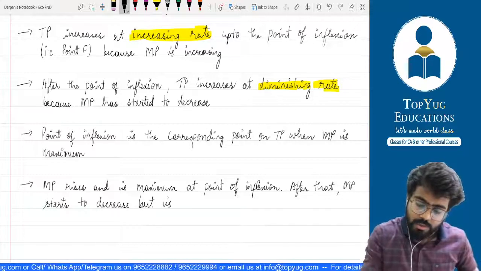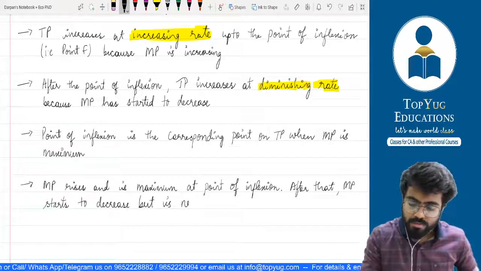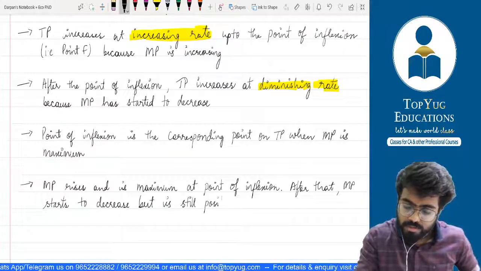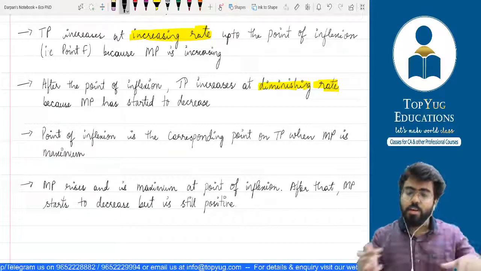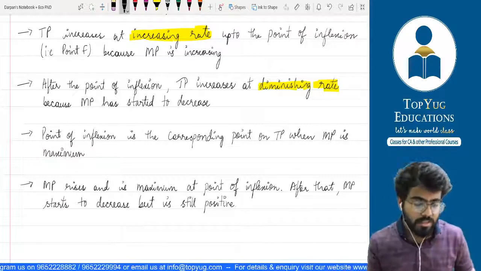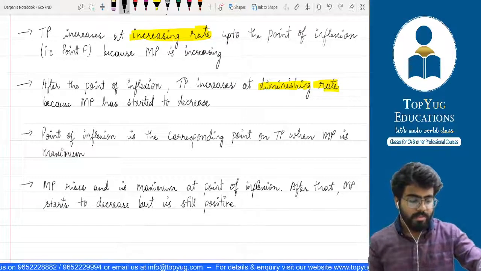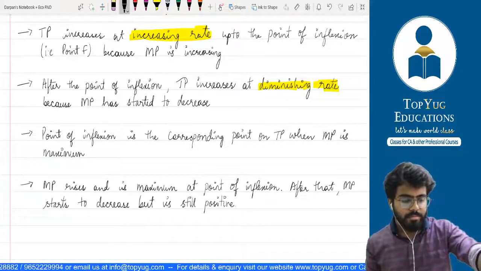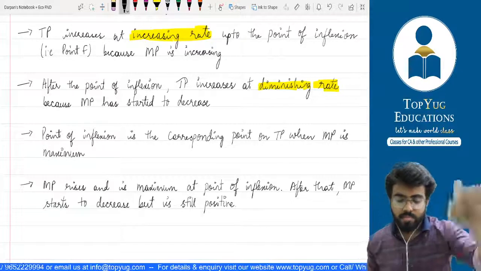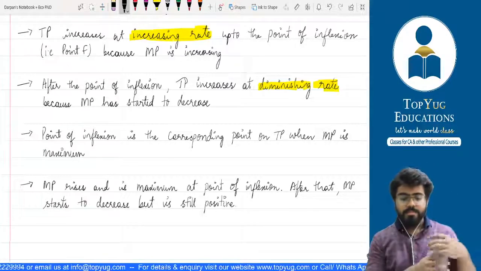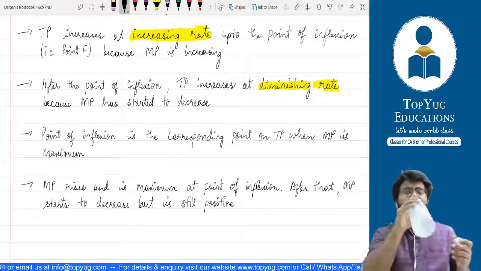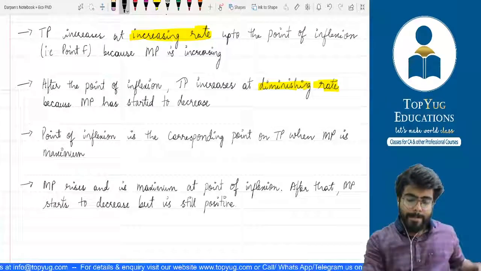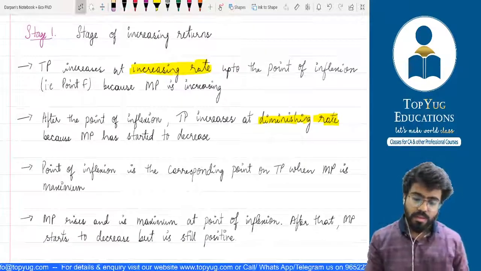But did it go negative? No, it is still positive. Correct? It did not go negative. It has started to decrease, but it is still positive. All right.